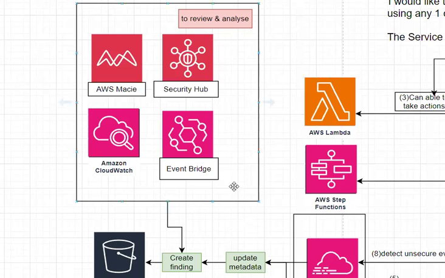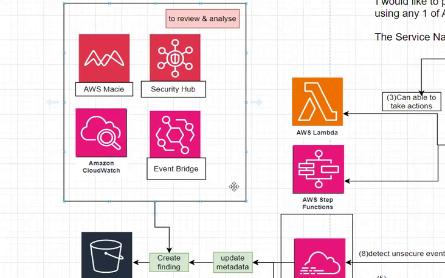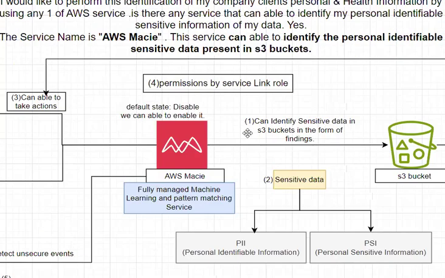Now, in order to create these findings, Macie first needs to discover the sensitive data present in your S3 bucket. How can Macie detect the sensitive data within your bucket?